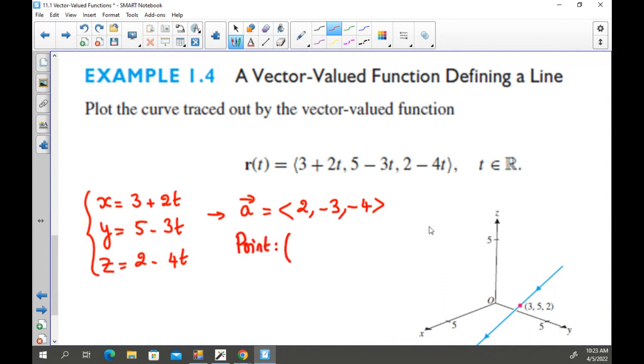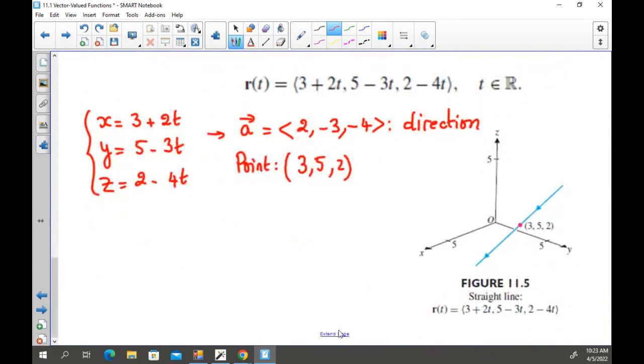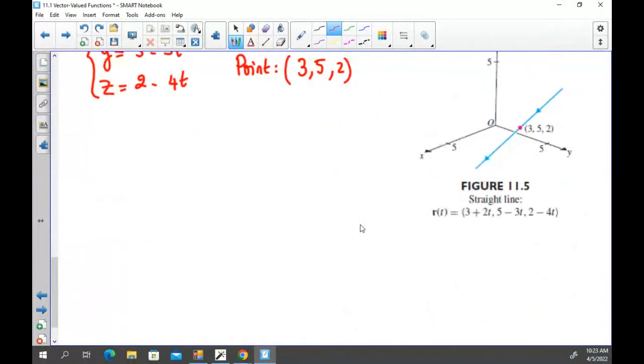Which point? 3, 5, 2. So this vector will give you the direction of the line. And these numbers 3, 5, 2 are a point on the line. So in the end, you will get your line, which is like this.